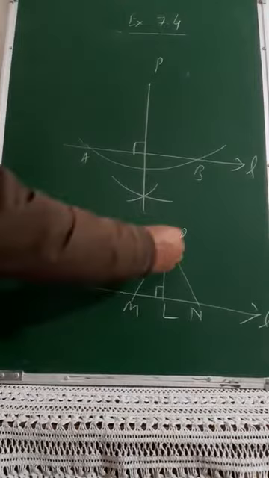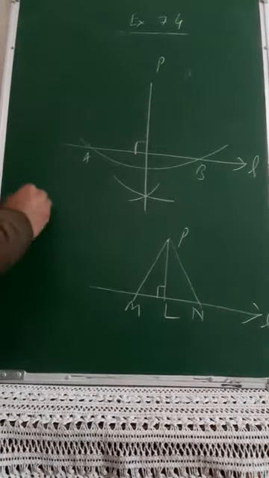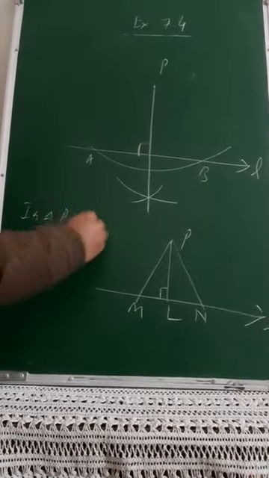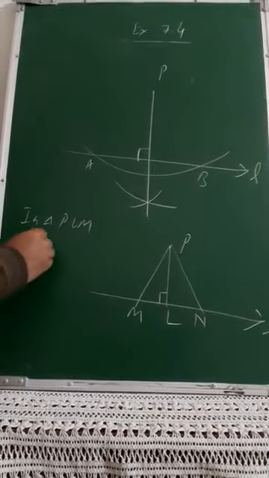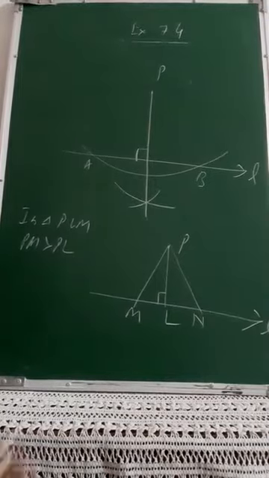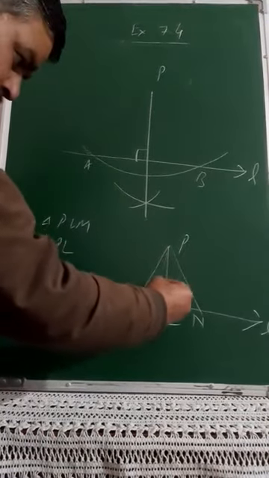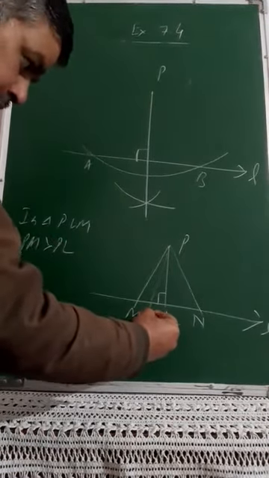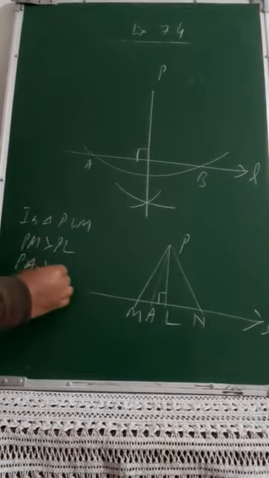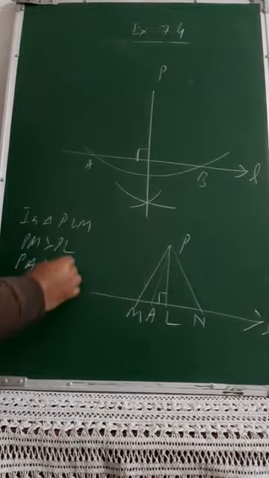Now you come back. In triangle PLM, do you agree with me that PM is greater than PL? Of course. Even if I move a hairline, suppose here I take PA, don't you feel that PA is also greater than PL?